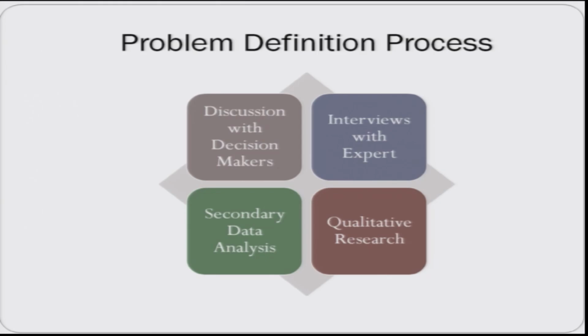The problem definition process includes some of these steps, like discussion with decision makers. You interact with decision makers and understand the context of the problem and how you have reached that problem situation. Understanding the historical perspective of the problem is very critical. Then you also understand their take on the problem, the possible reasons for that decision making situation, and the different alternatives available to them.